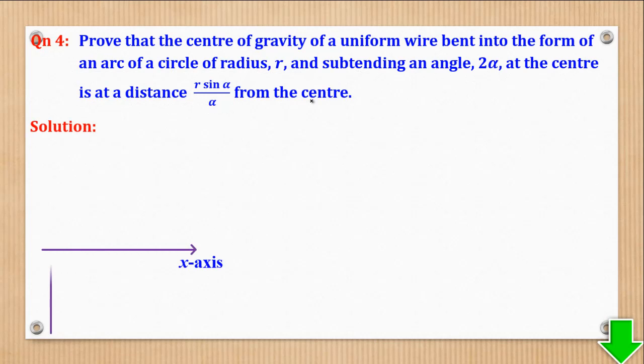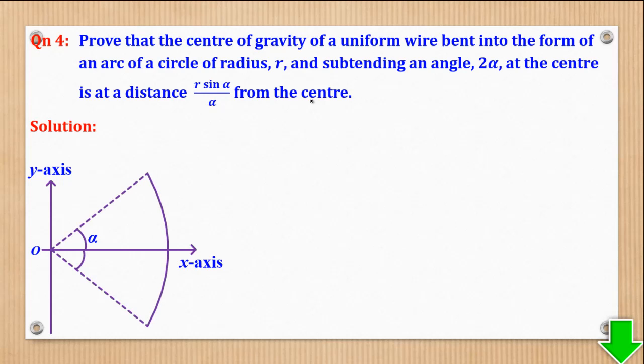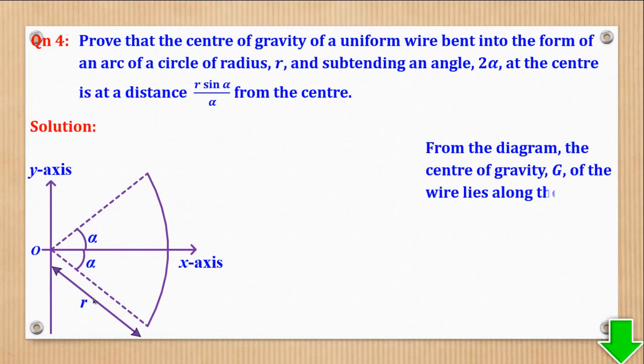So you come and draw the axis, make a sketch of a wire. So that is the wire bent in the form of an arc and subtending an angle 2 alpha at the center, at the origin. This is the radius. So from the diagram, the center of gravity of the wire lies along the x-axis, which is the line of symmetry.